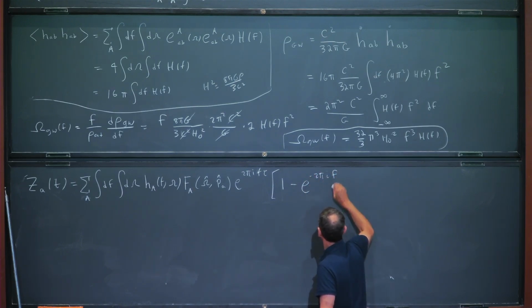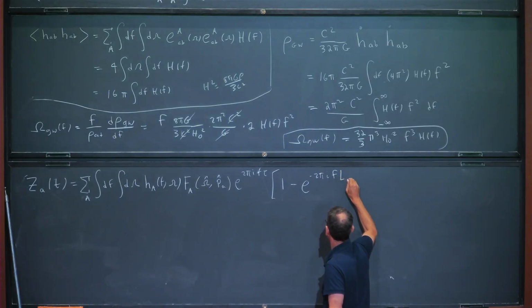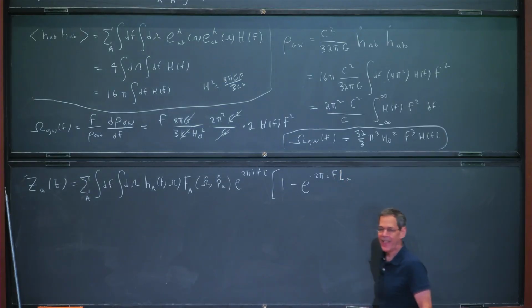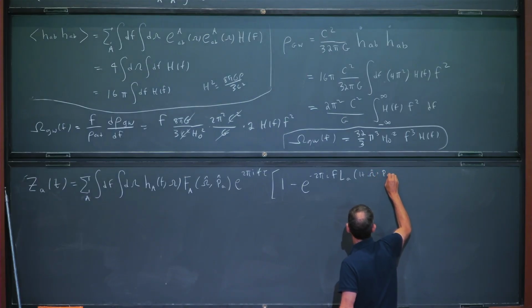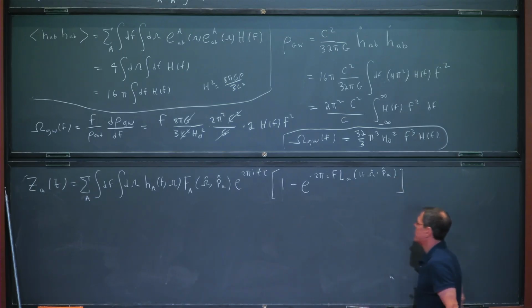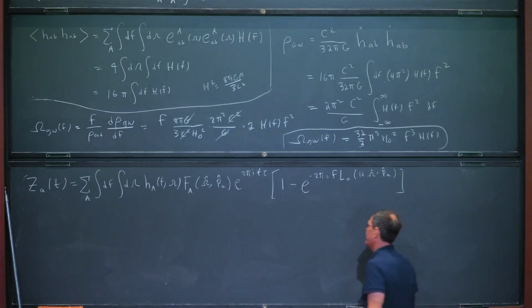Now, remember there's an L here. That's the distance to the pulsar. So that's going to become an L alpha. It depends upon the distance to this particular pulsar. And then there's a 1 plus omega hat dot p alpha. And again, that index there is just which pulsar. Is it t and not tau now? It is. Thank you.